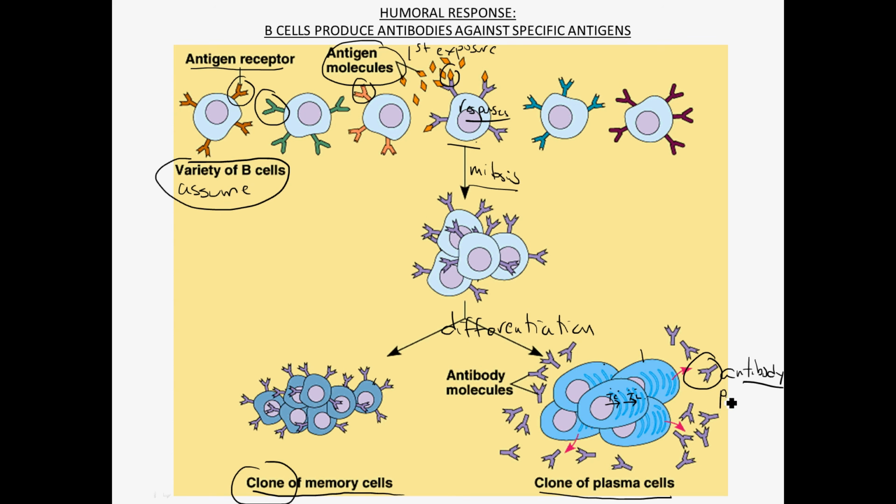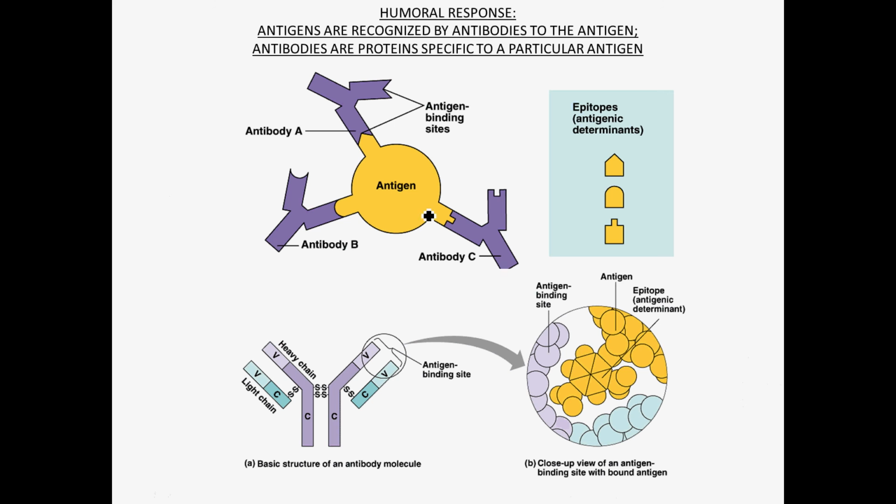These antibodies are proteins. So let's talk a little bit about those antibodies here. An antibody is a Y-shaped protein. And there is a business end and a non-business end. So the thing that the antibody binds to is the antigen. And this is the origin of the word antigen.